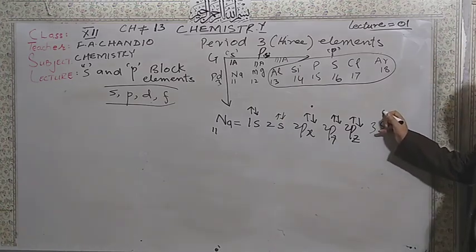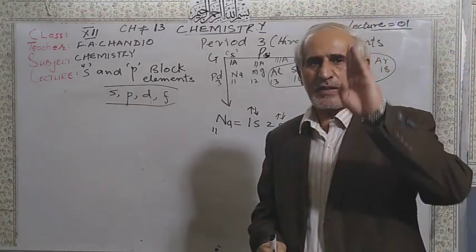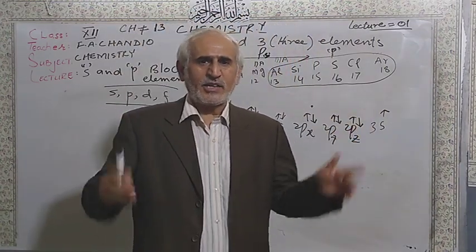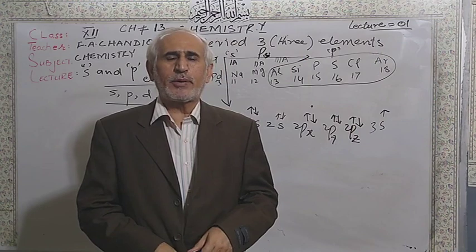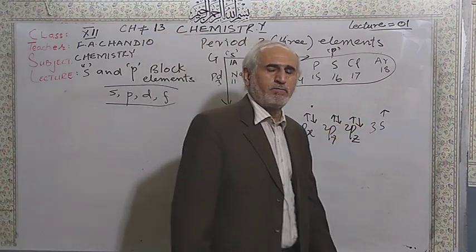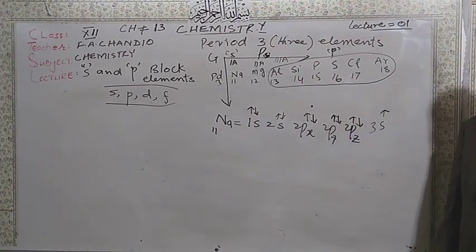So dear students, only 1 electron remains behind. So it must be present in the 3s with the upward spin. When there is 1 electron, it must be in upward spin, not downward. So this is an upward spin. 1 electron present in the 3s.